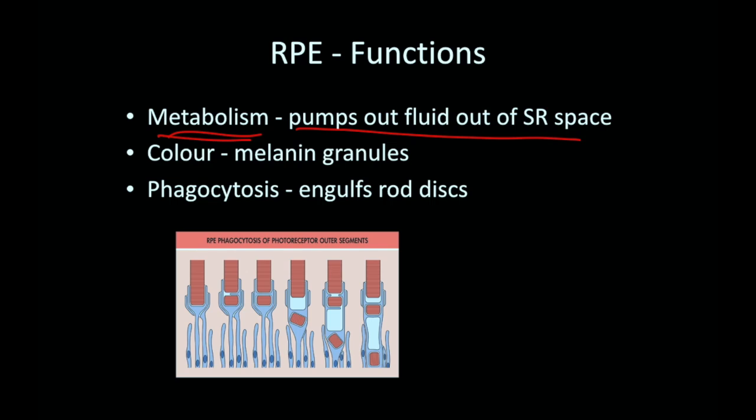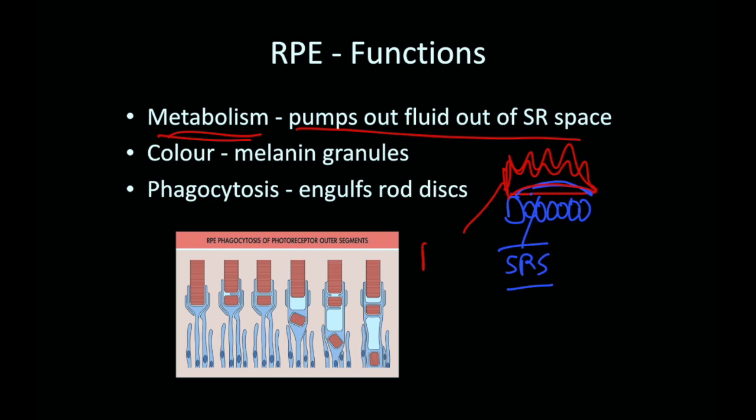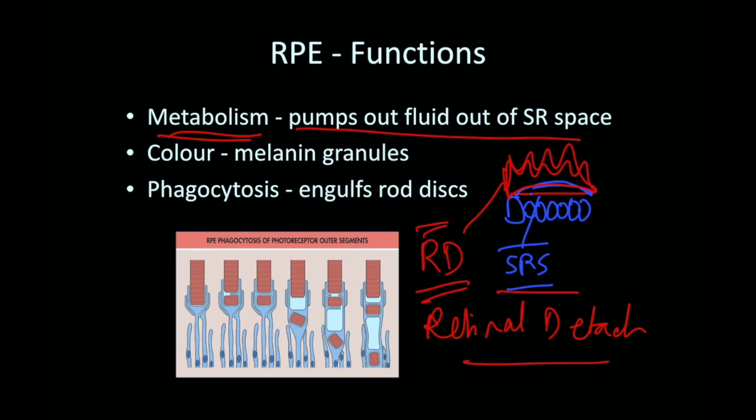Okay, and when there is going to be a detachment between my neurosensory retina and the RPE, this is the RPE, the subretinal space, this fluid gets collected, and there you have the so-called retinal detachment. Okay. So retinal detachment is not that the entire retina gets detached. In fact, there's going to be a split in the retina, a split between the RPE and the neurosensory retina.